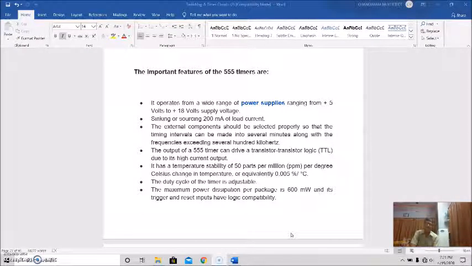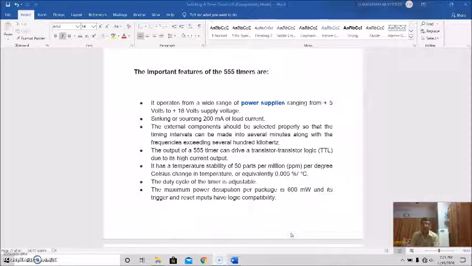Next, the output of a 555 timer can drive TTL or transistor logic due to its high current output. Another feature is it has a temperature stability of 50 ppm per degree Celsius change in temperature, or equivalently we can say 0.005% per degree Celsius.